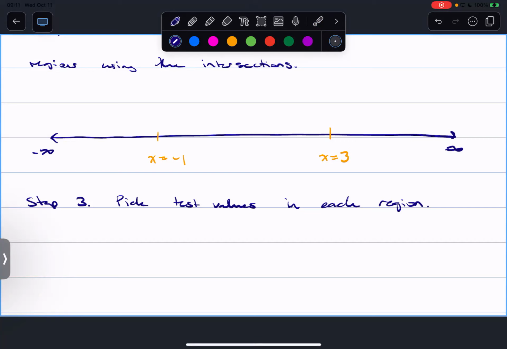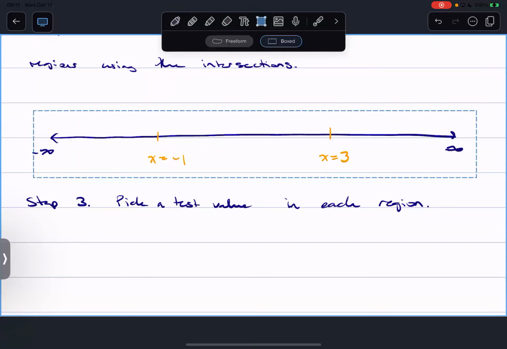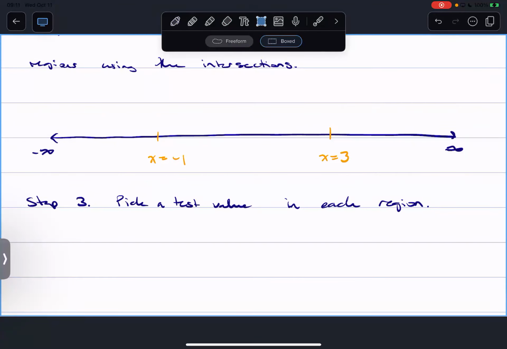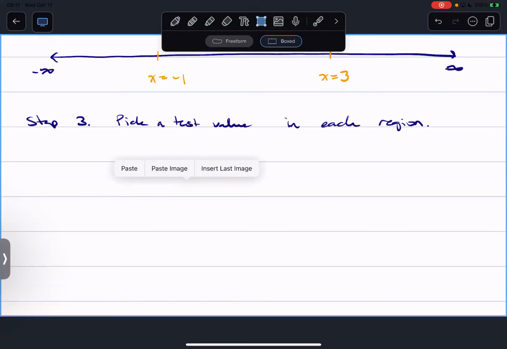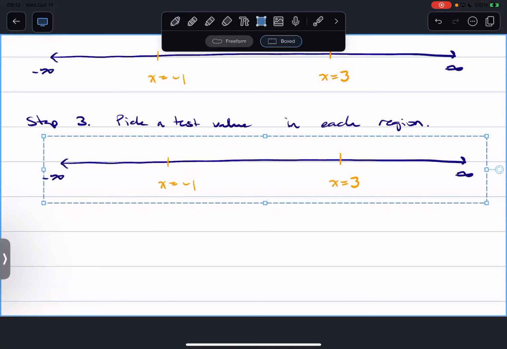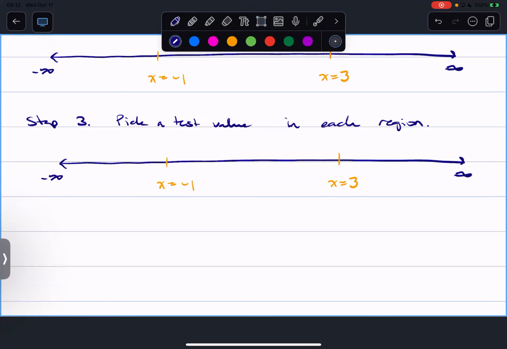So maybe I'll say pick a test value in each region. Any value, right? The only thing is, I'm going to copy this here, but I want to break it up into steps.